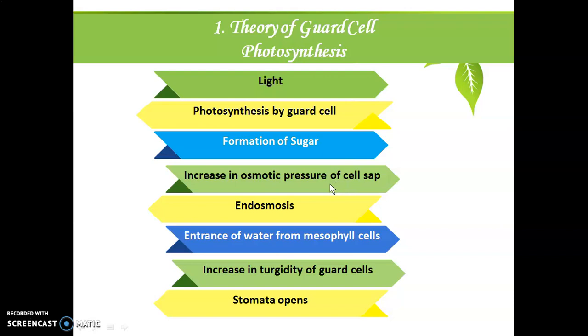The osmotic pressure of the guard cell is responsible for the endosmosis of water from the mesophyll cell into the guard cell, and due to inward movement of water the guard cell becomes turgid, and due to turgidity of the guard cell the stomata opens.